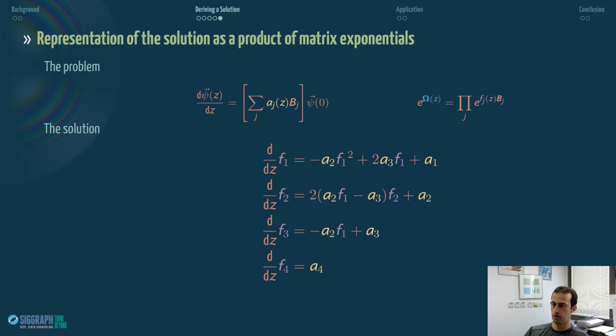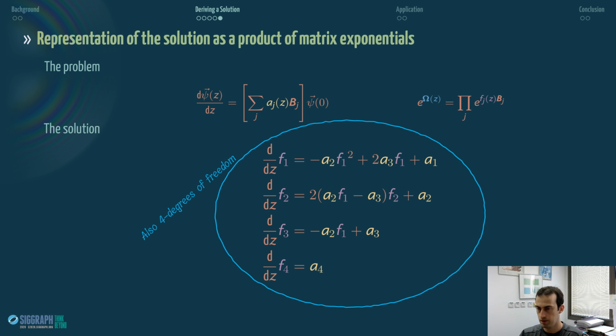So let's examine for a moment what we have accomplished so far. We started with an operator-valued ordinary differential equation with a 2x2 linear operator, that is, 4 degrees of freedom, and ended with the following system, which also admits 4 degrees of freedom.